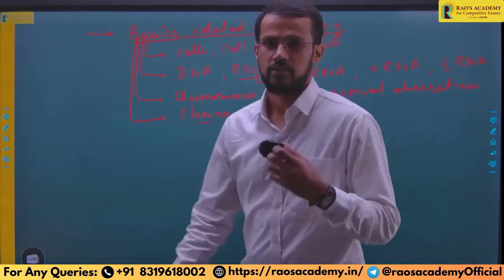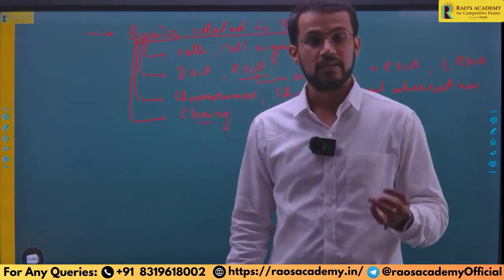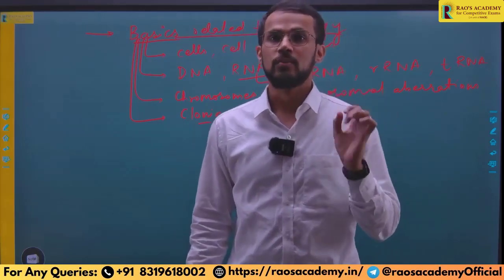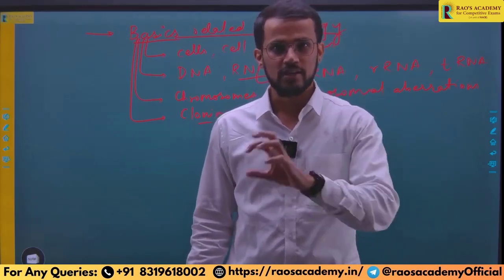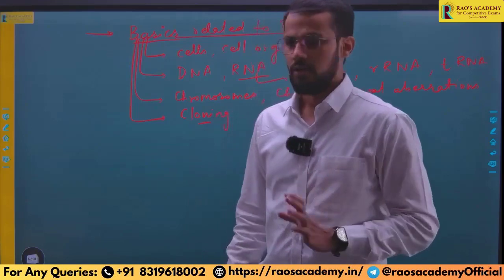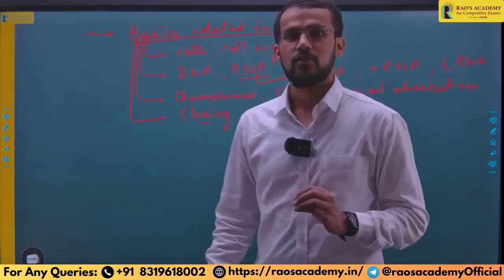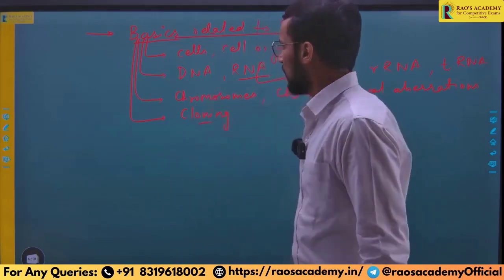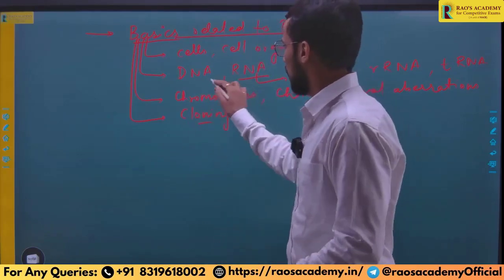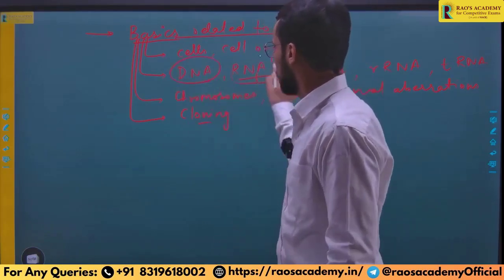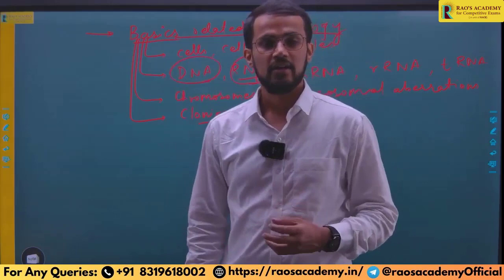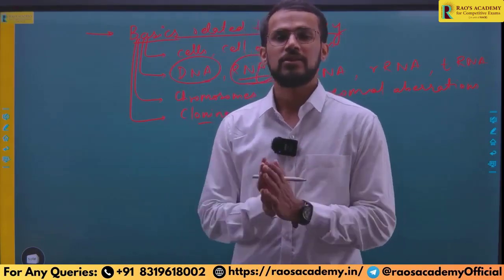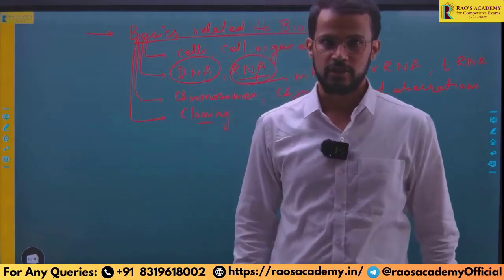Cloning means cloning related to genes, cells, and even human cloning, animal cloning. These kinds of concepts you should be aware of, right? So that we can say is a part of basics. Once you are aware of what exactly you mean by DNA, RNA, then it becomes easier for you to understand this particular technology.